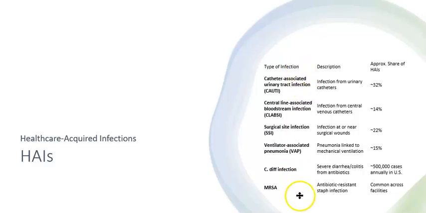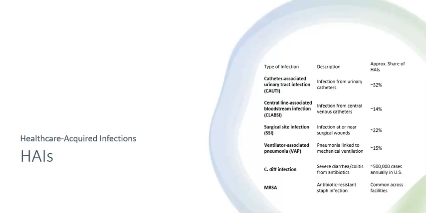This is the different types of infections. I'm sure you've heard of a lot of these: your CAUTIs, or catheter associated urinary tract infections, that's if the patient has a Foley catheter. CLABSI, this is your central line associated bloodstream infection.